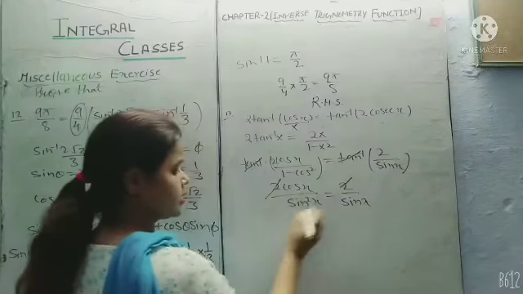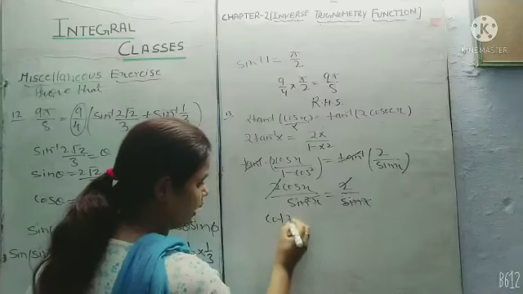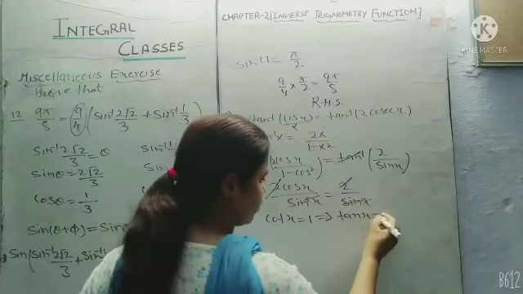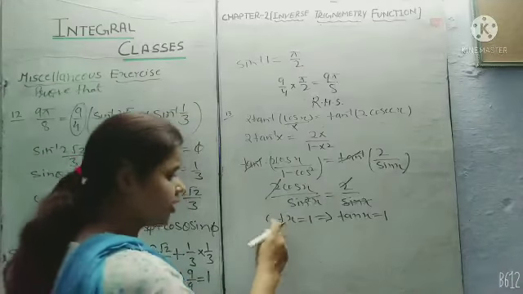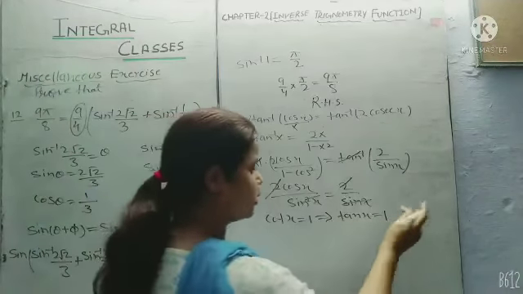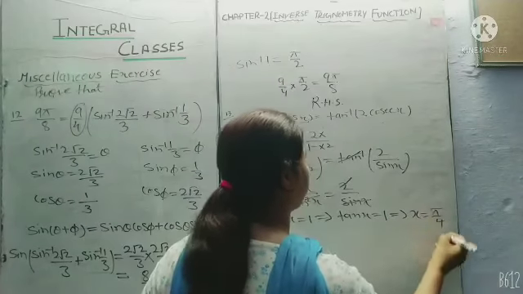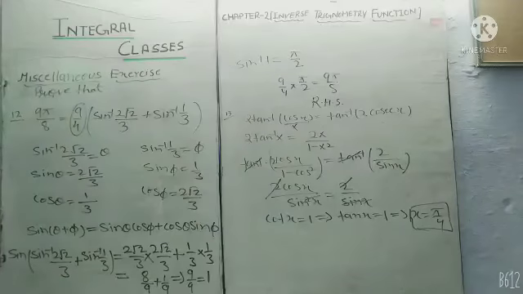Now 2 is cancelled, sin is cancelled. Then cot x equal to 1. We have to write tan x equal to 1. If we take its inverse form, it will become tan x equal to 1. So what is the value of x? x equal to pi by 4. It gives the value 1.